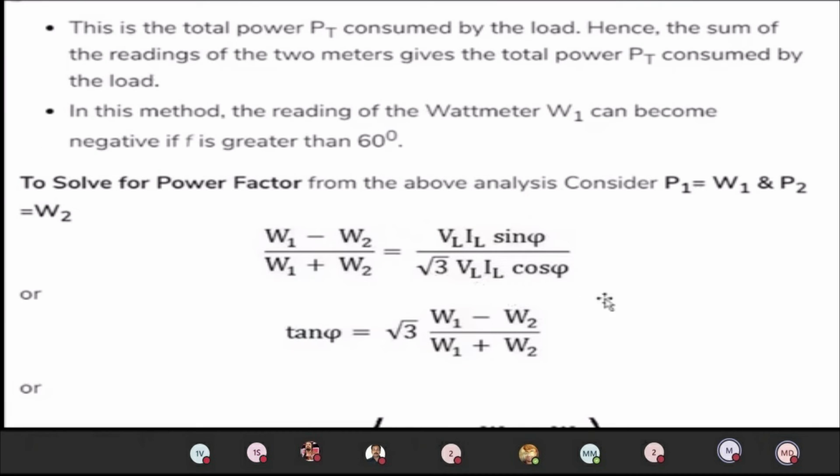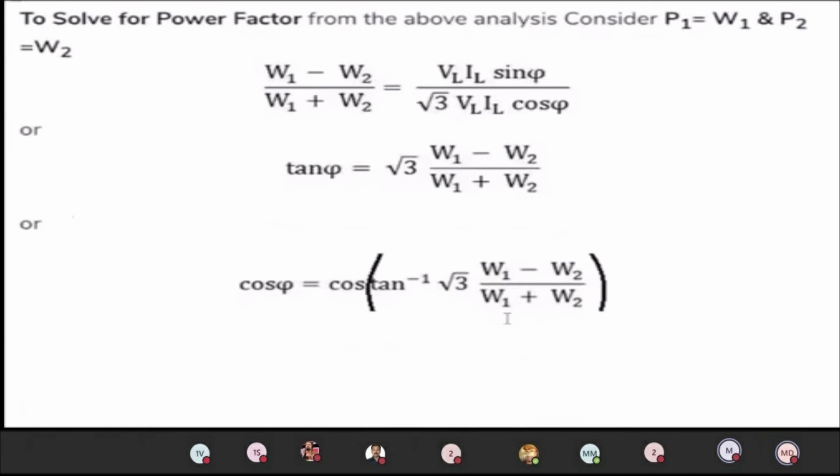To find the power factor, again we are using the wattmeter readings. So to solve for the power factor, consider P1 is equal to W1 and P2 is equal to W2. We have the formula: tan phi is equal to root 3 into (W1 minus W2) divided by (W1 plus W2). So the power factor is given by the formula cos phi.